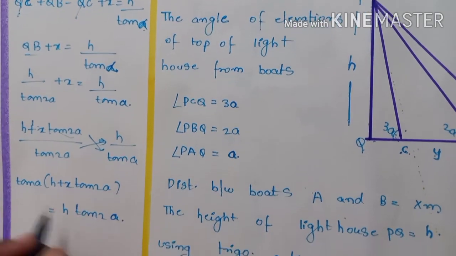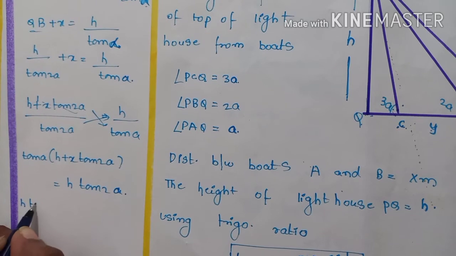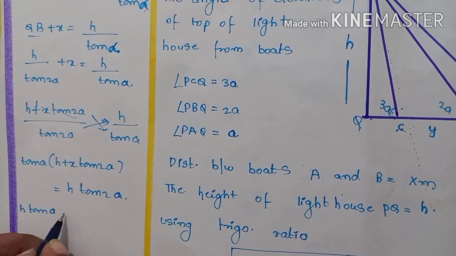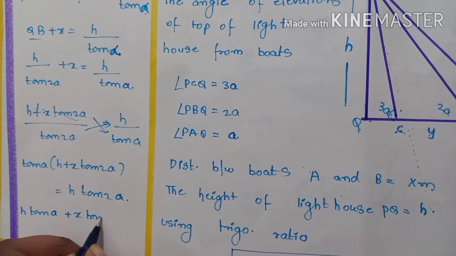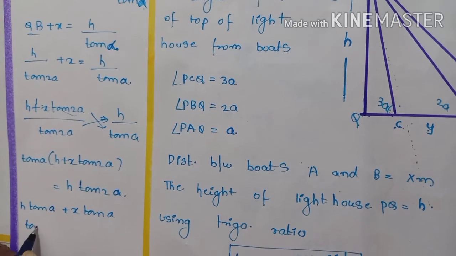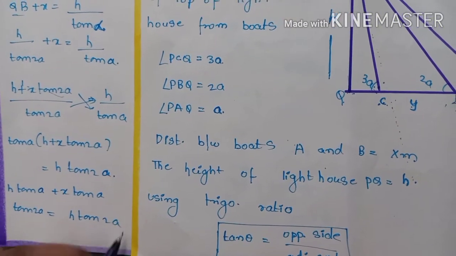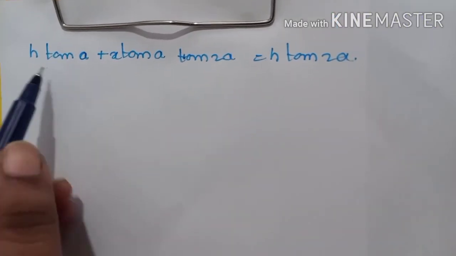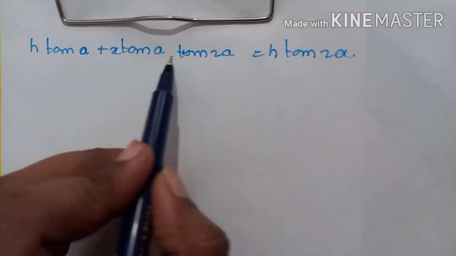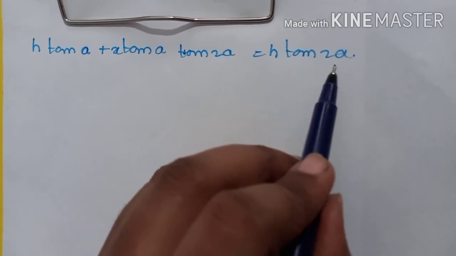Now simplifying this, we get h tan A plus x tan A tan 2A is equal to h tan 2A.